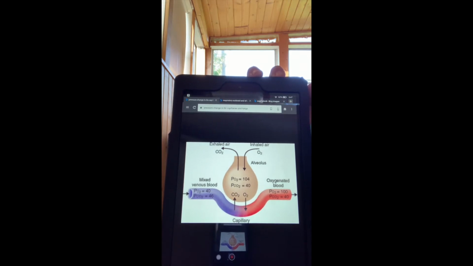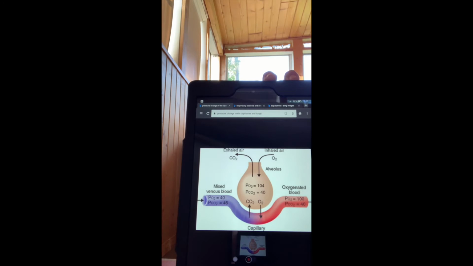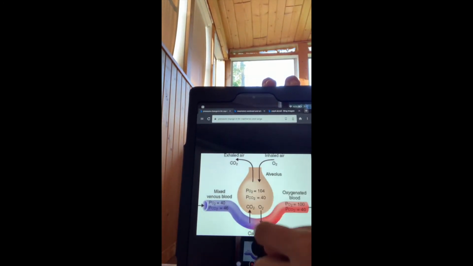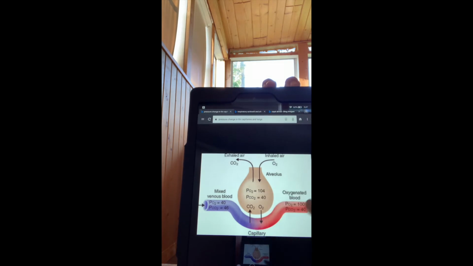When we breathe in, the partial pressure of oxygen in our alveoli is 104, and the partial pressure of carbon dioxide is 40. So as they go by each other, they have to even out this pressure gradient, and then it ends up the partial pressure being 100 for oxygen and then partial pressure being 40 for CO2.